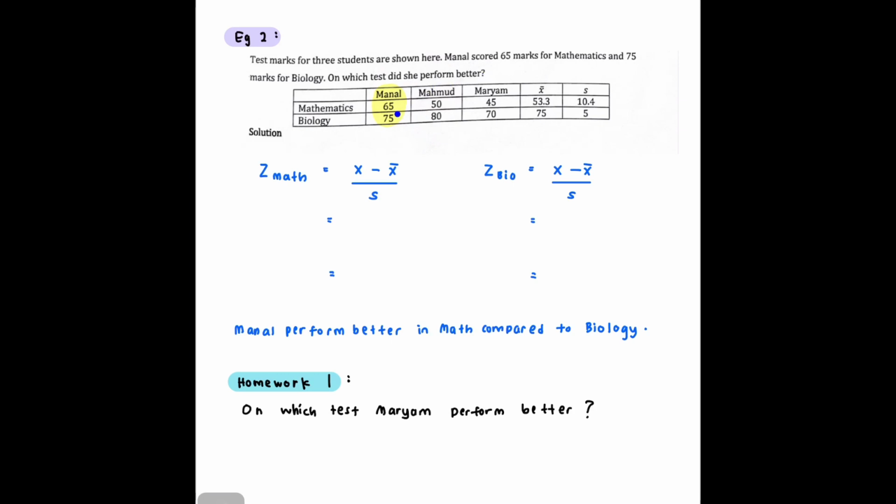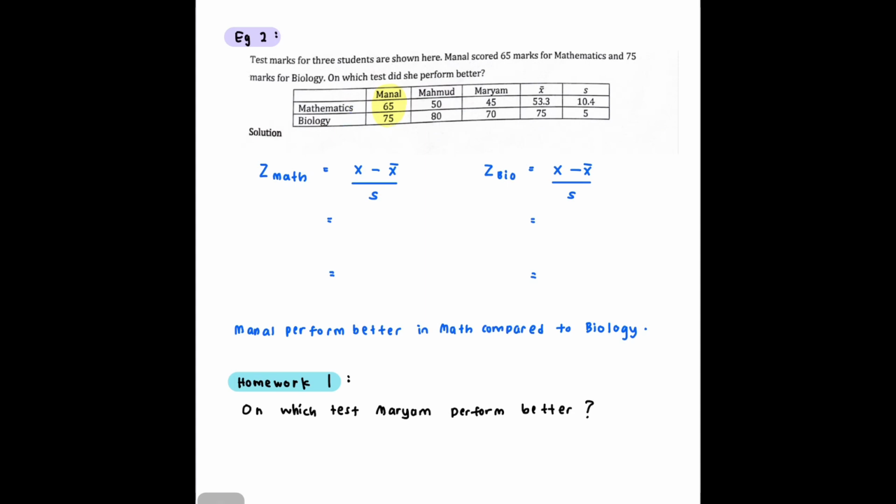If you look roughly at the marks of maths and biology that Manal got, Manal scored biology 75, which is more compared to mathematics, which is 65. So roughly speaking, we can say that Manal scored better in biology compared to maths.